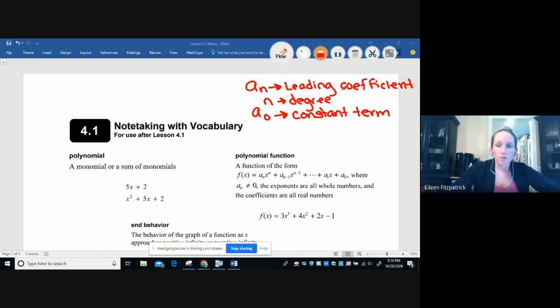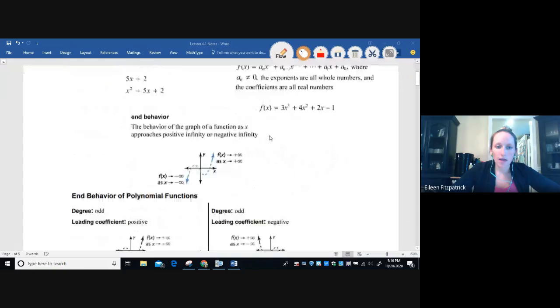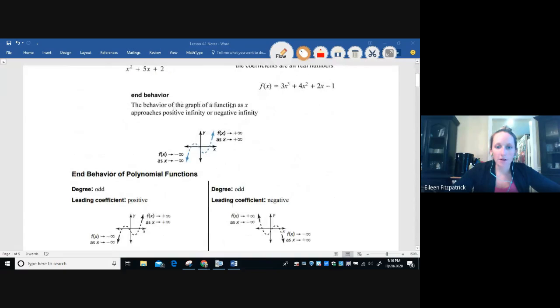All right, and then we have what's called end behavior of our polynomial functions. The end behavior of the graph of a function is what happens as x approaches positive infinity or negative infinity. So when we talk about the end behavior, we're talking about where the ends are going. The end of this graph is going up and to the right as it keeps on moving.